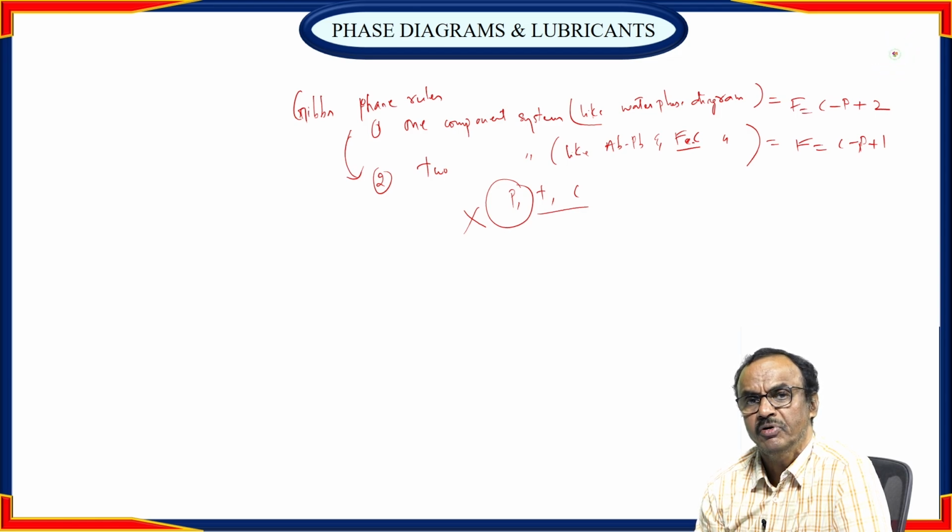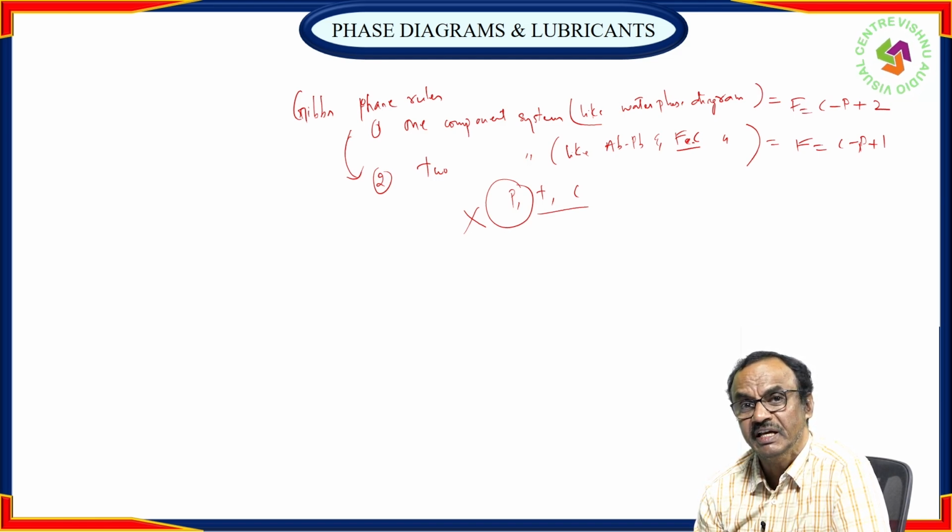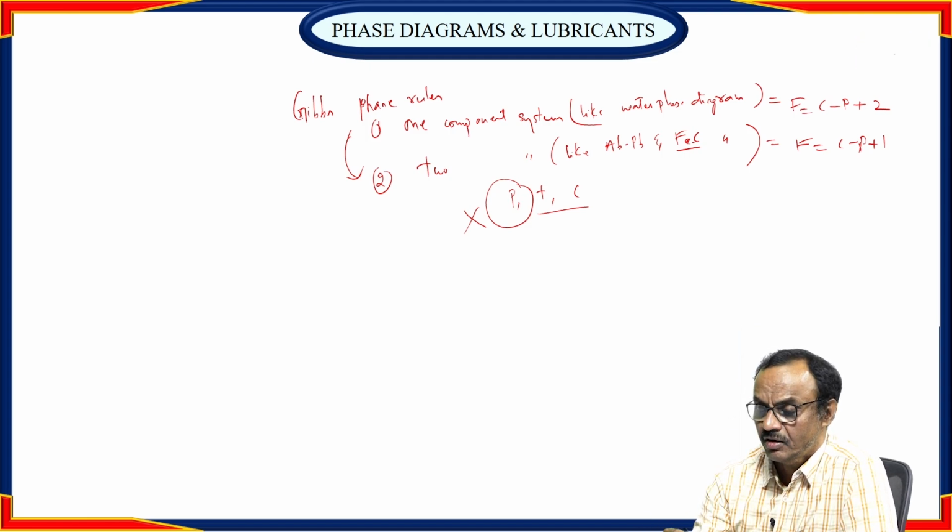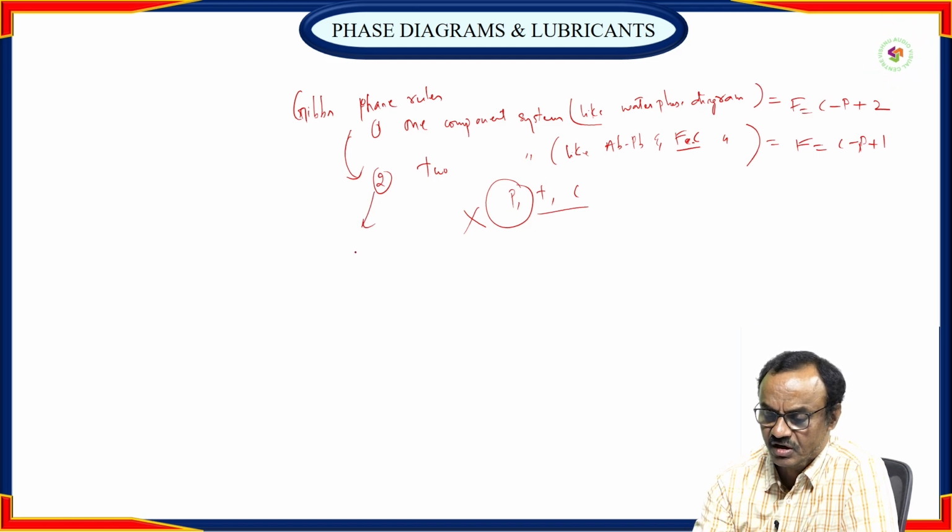Two component phase diagrams are helpful for making alloys, which while cooling at various temperatures exhibit different characteristics. So out of one, this formula is reduced, condensed. This second rule is called the condensed phase rule. The first is the Gibbs phase rule.